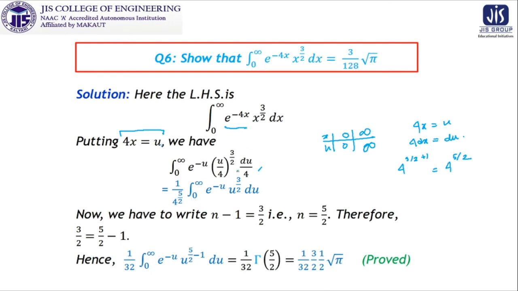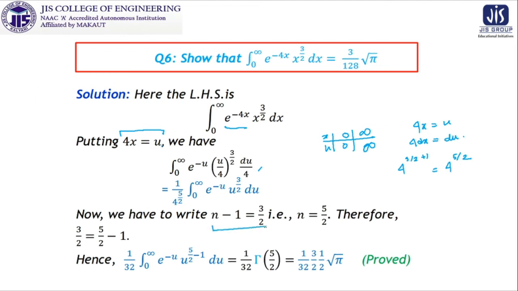Integration 0 to infinity as it was, e to the power minus u, then u to the power 3 by 2. Now we need this u to the power n minus 1 to compare it with gamma function. So this 3 by 2 will be n minus 1.